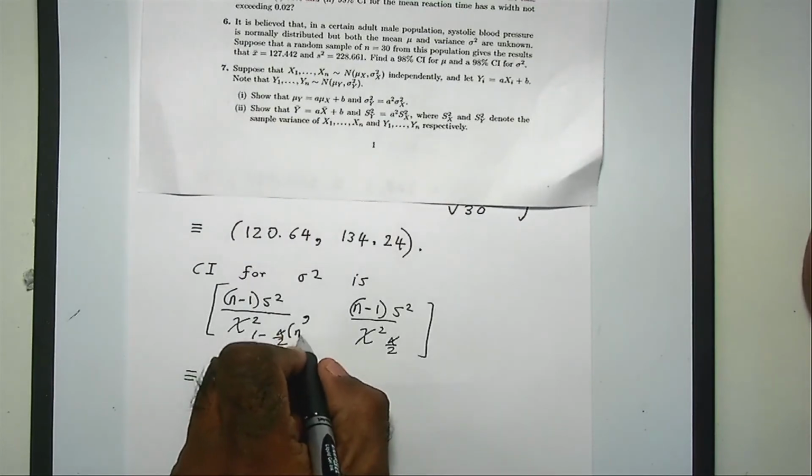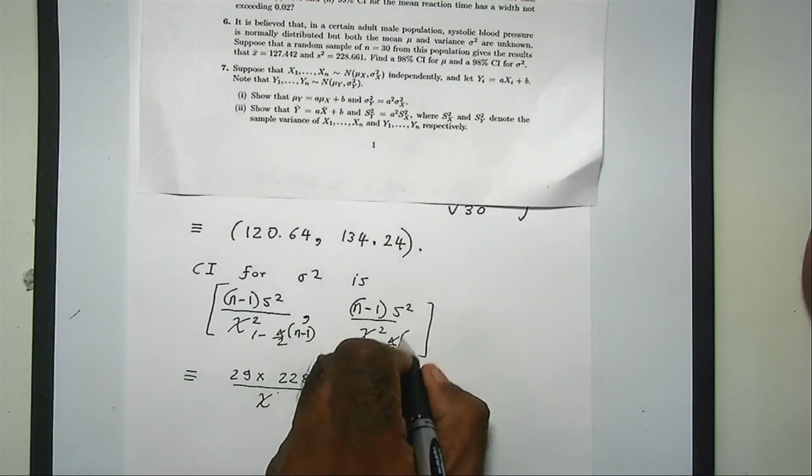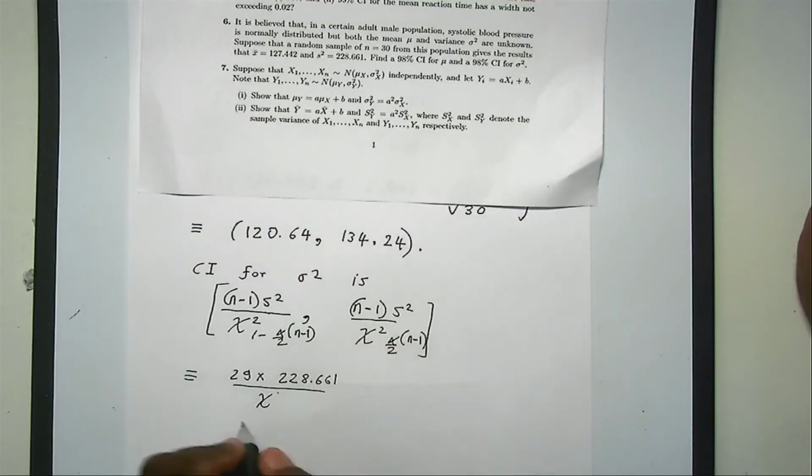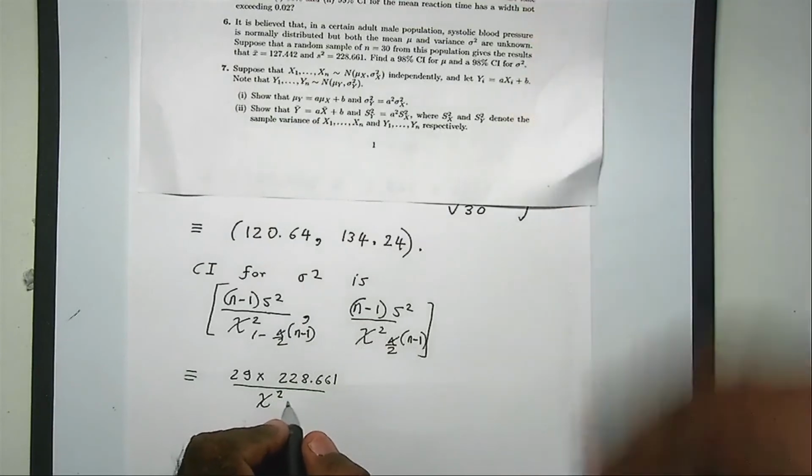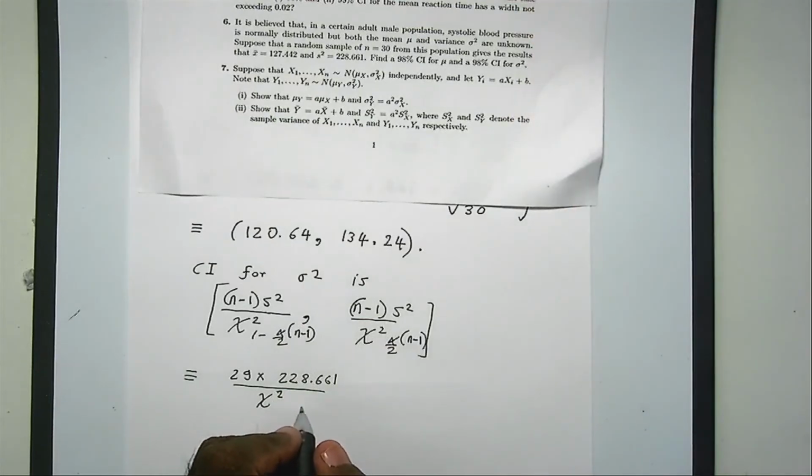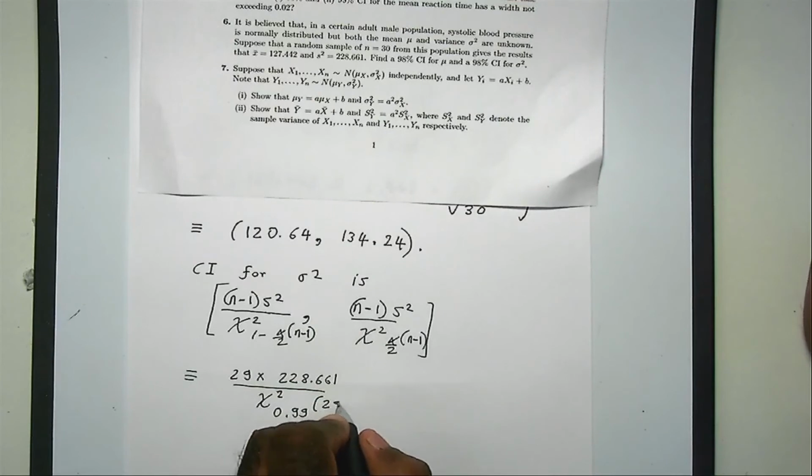Right, let me put this here. Chi squared with alpha: we know 100 times 1 minus alpha is 98, so alpha should be 0.02, right? So 1 minus alpha by 2 is 0.99. N minus 1 is 29.